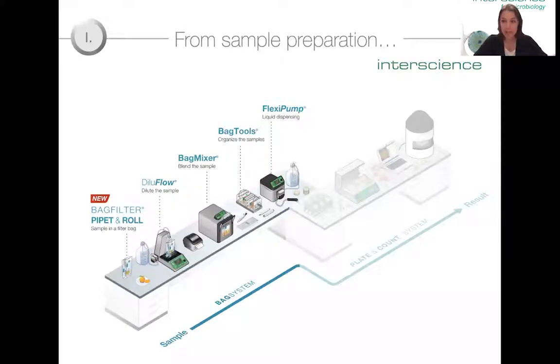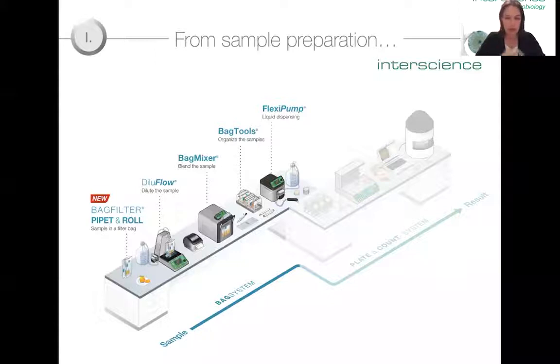So let's look at what sample preparation is. So here you see a typical process of these microbiology steps that we've sought to automate. So from left to right here, bags. That's the first thing where you're going to put your sample, and how to manage this cross-contamination is the sterile bags that you use.